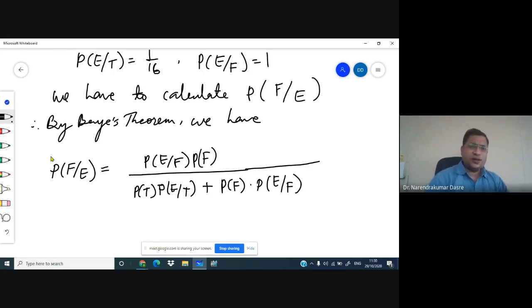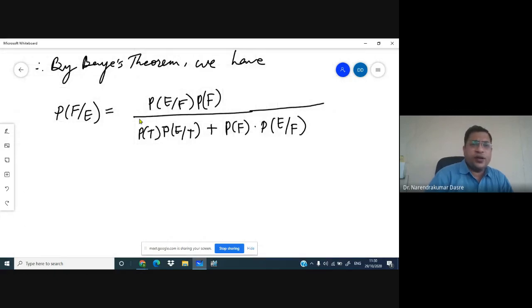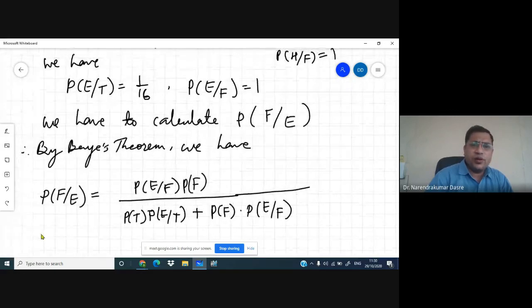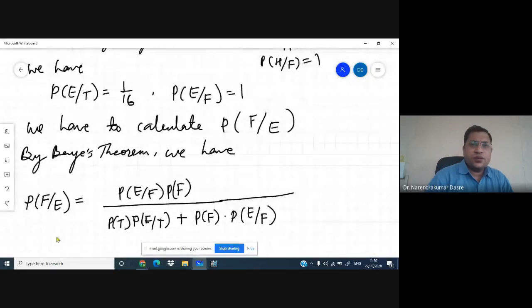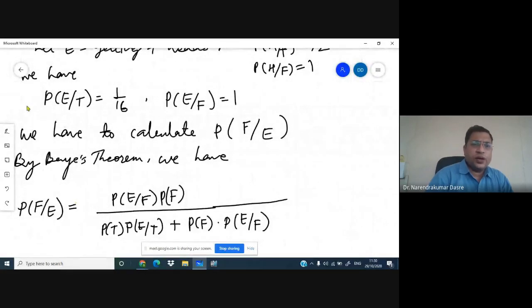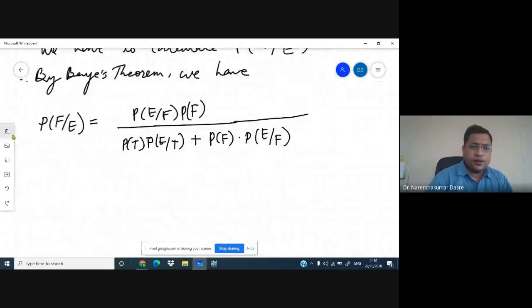So that's what Bayes theorem suggests, and we can write down these probabilities.